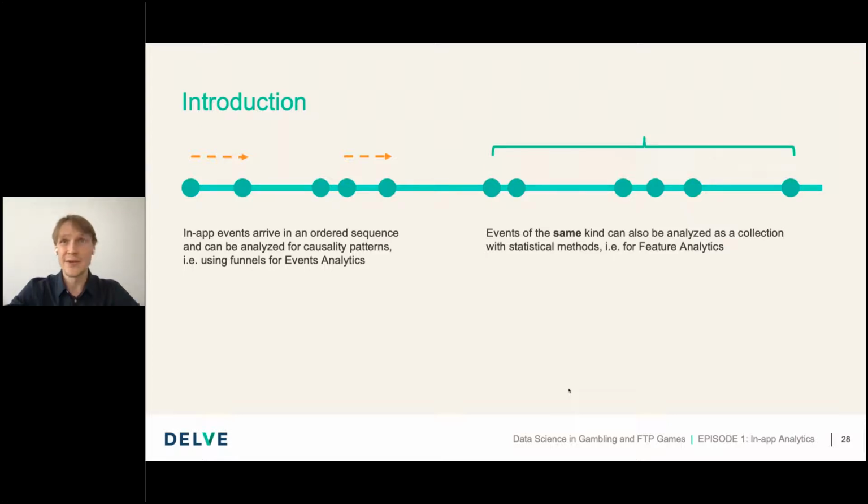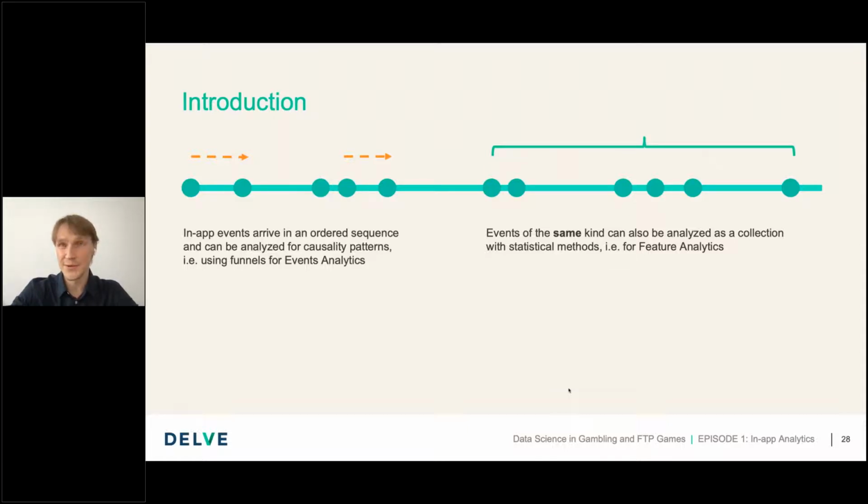And accordingly, we have two types of analytics emerging. One is event analytics, which looks at the sequences of events of particular kind, and events of different kinds for the same user are arriving one by one, so they can be analyzed by precedence factors.